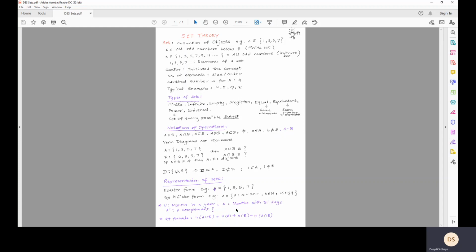Which months would be part of A complement? So correct, February, April, June, etc. All these months are going to be part of A complement.